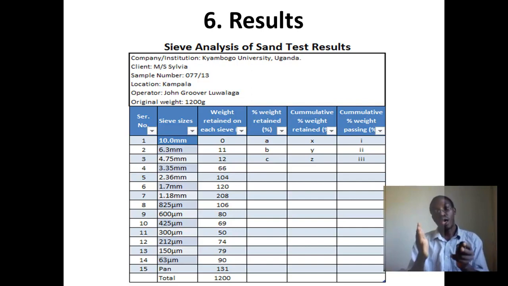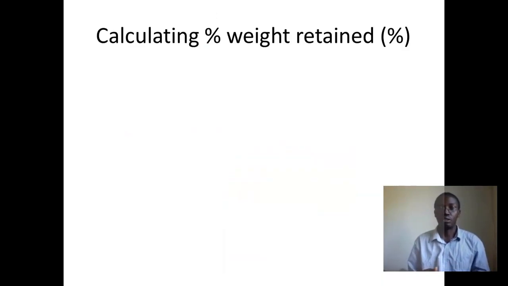So in this video, we are just going to calculate A, B, C and so on and so forth, and then with the calculations you can be able to fill the table. Let us look at the calculations.